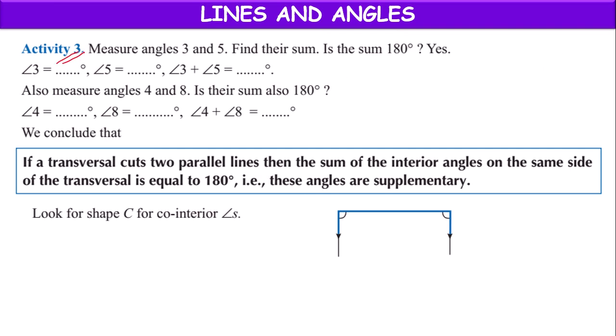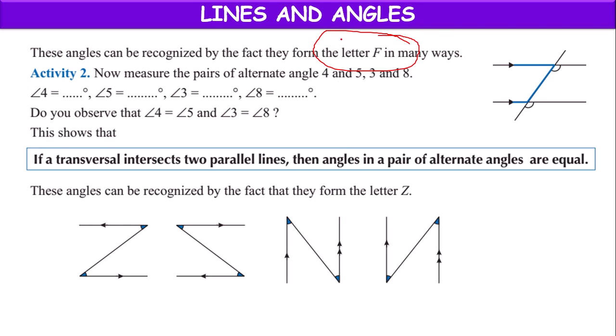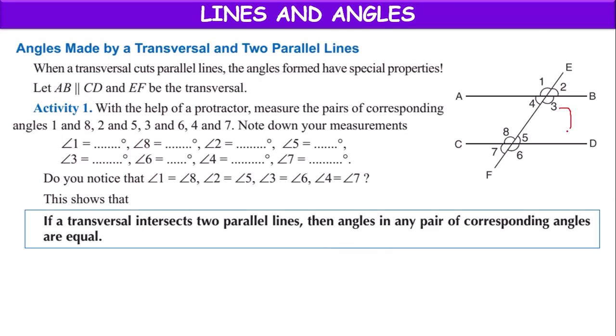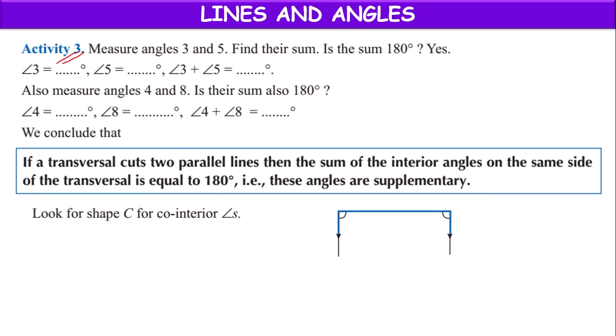In activity 3, if you measure angles 3 and 5, or angles 4 and 8, you observe that angle 3 plus 5 equals 180 degrees, and angle 4 plus 8 also equals 180 degrees.